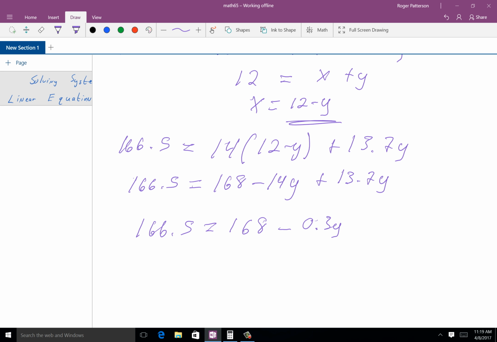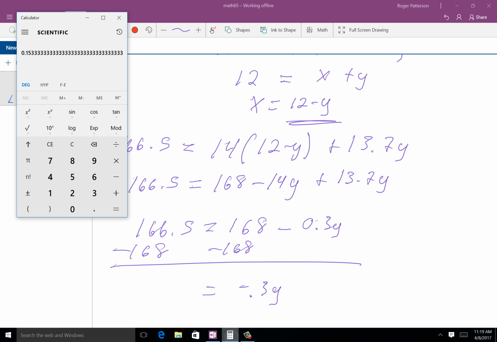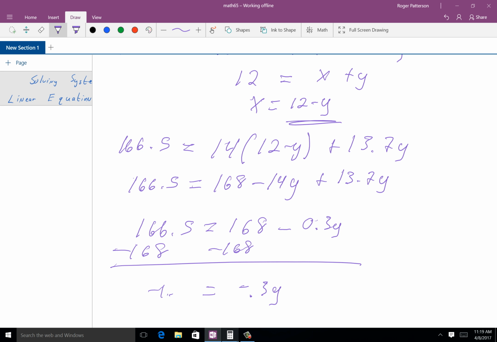Is that right? Okay, so then we're going to subtract this 168. Subtract the 168. 166.5 minus 168. That's not good. Back it up. Clear. There we go. Minus 168 equals negative 1.5.